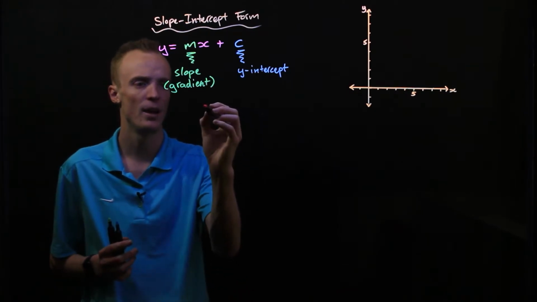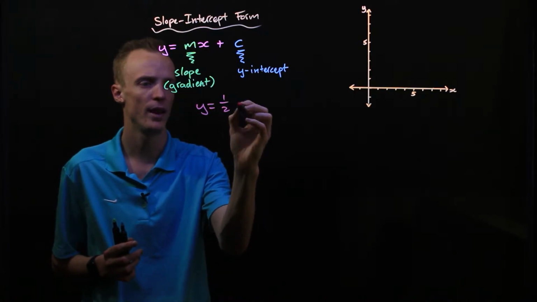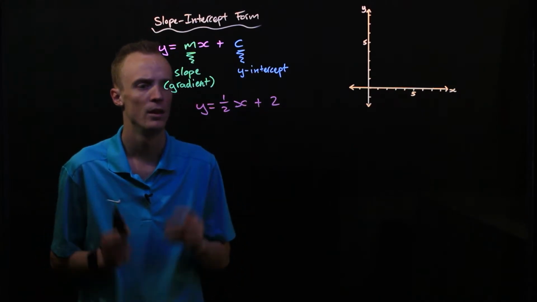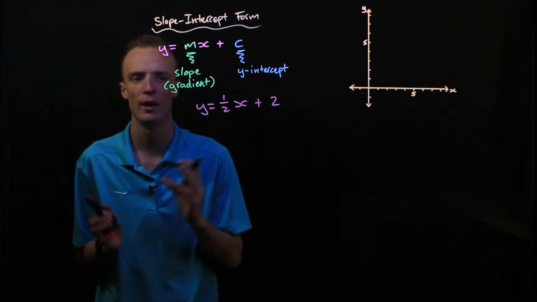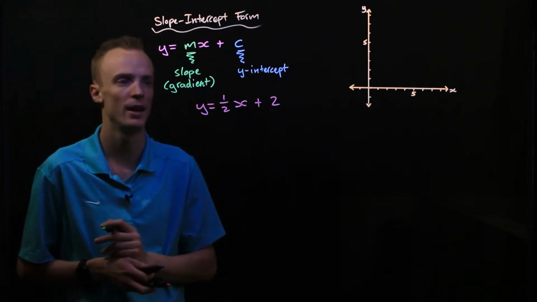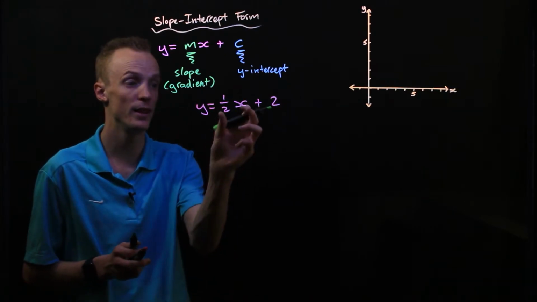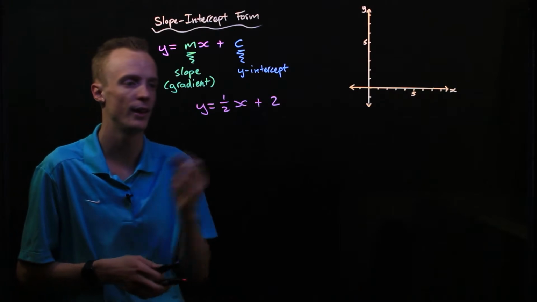Let's say I had y is equal to a half x plus 2. So what we can start off by doing is to quickly identify what our slope and our y-intercept are. Our slope is the coefficient of this x value. Wherever the x is, whether it's the first one or the second one, it's the coefficient of our x.